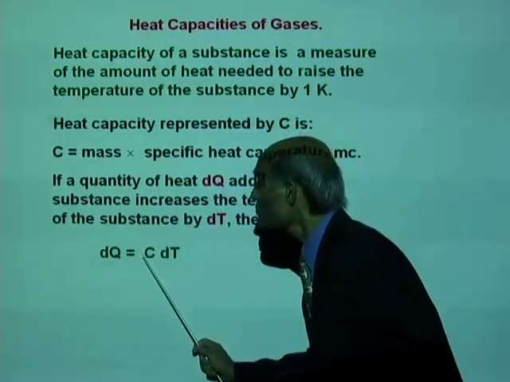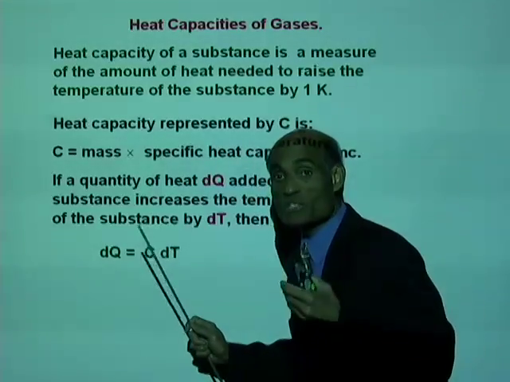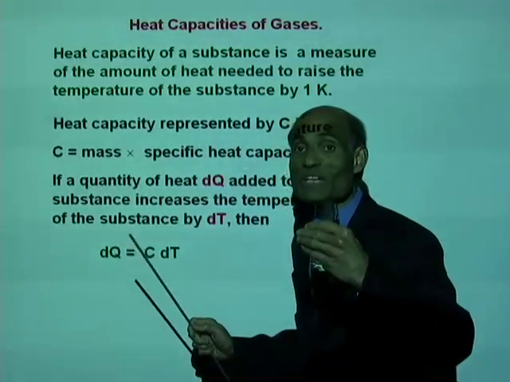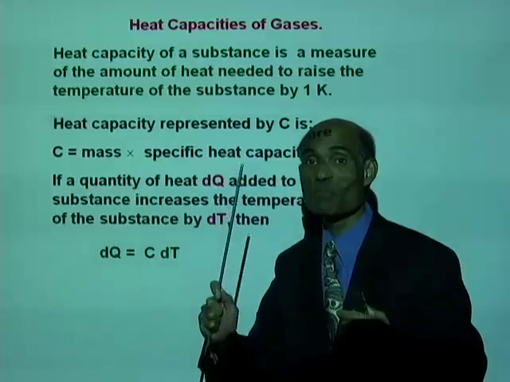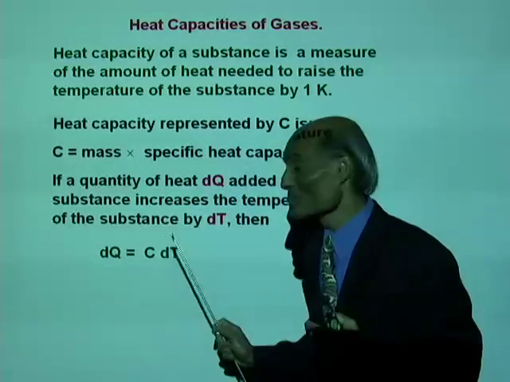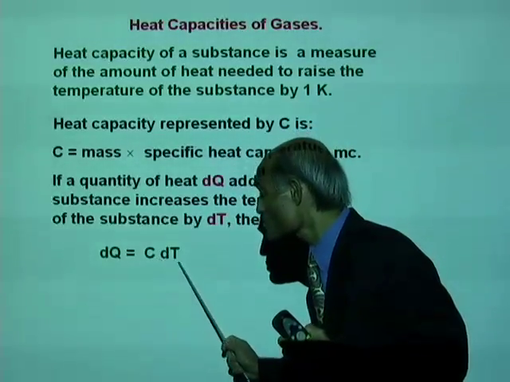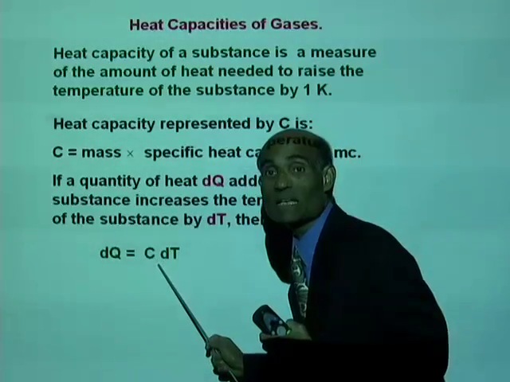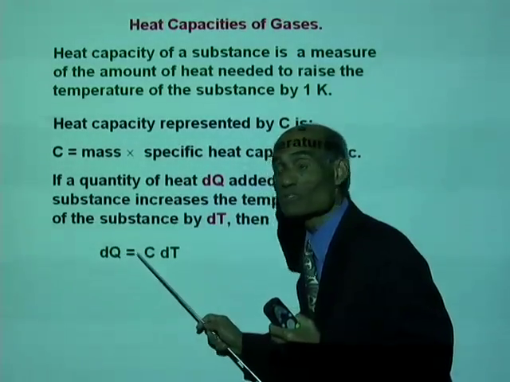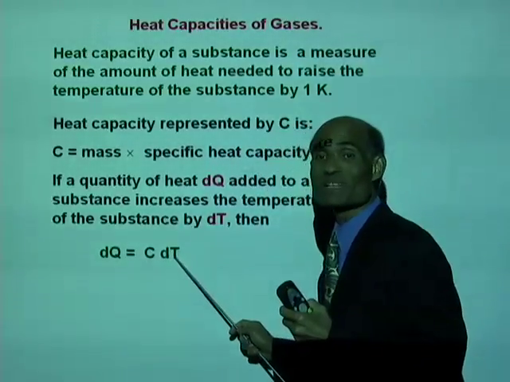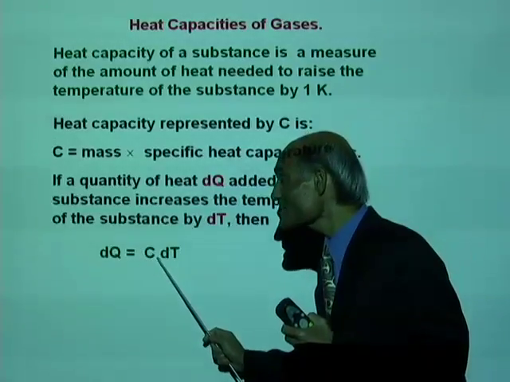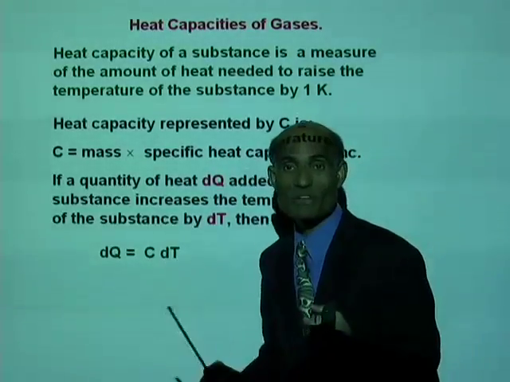If C is the amount of heat needed to raise the temperature by 1 Kelvin, so if you want to increase the temperature by an amount dT, the total amount of heat you need is C times dT, where C is the heat capacity. What's the heat capacity?